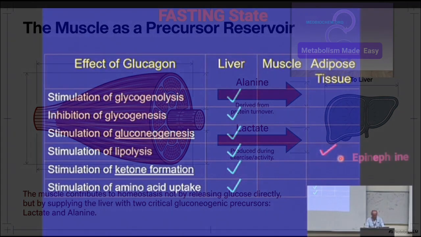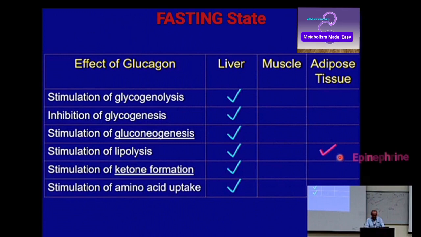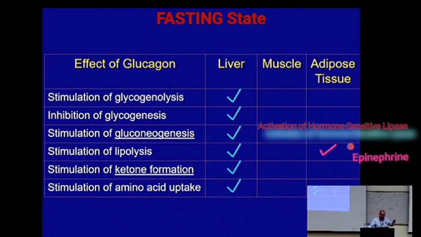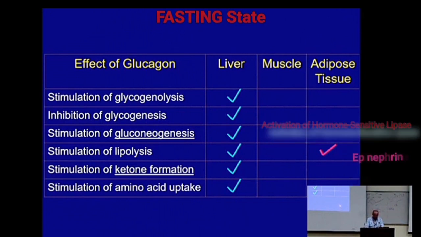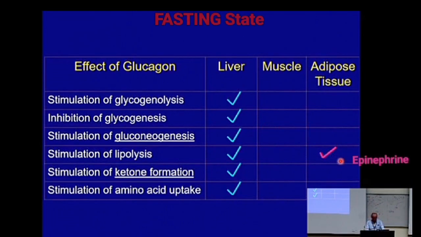So here's a summary of the effects of glucagon. Pretty straightforward. Without going through all of them, here are mainly effects on the liver. Activation of glycogenolysis, inhibition of glycogenesis, activation of gluconeogenesis. This one here, note, no effects on muscle. Really, no effects on adipose tissue.